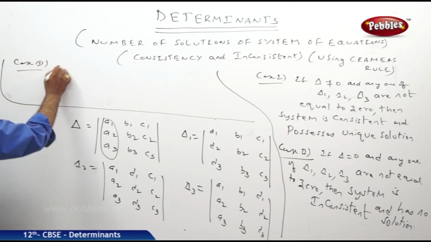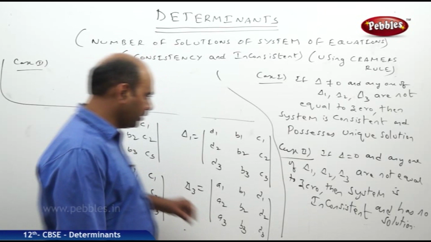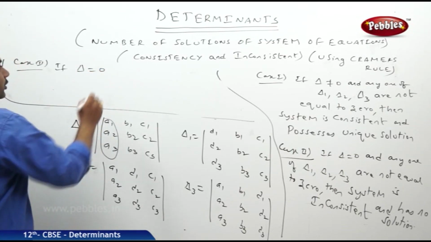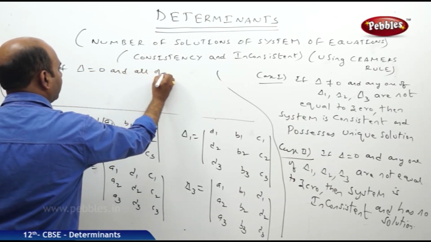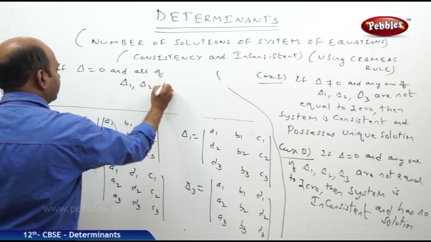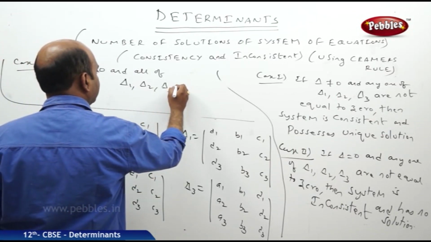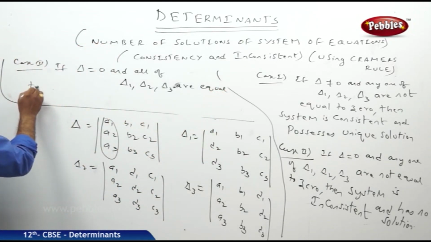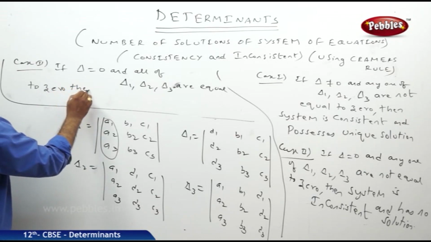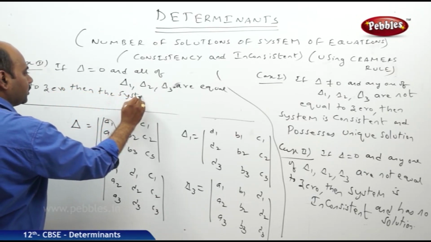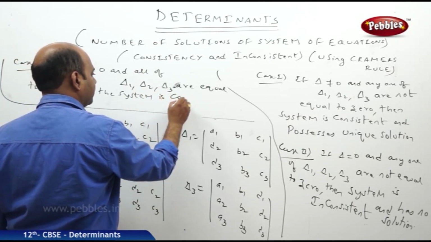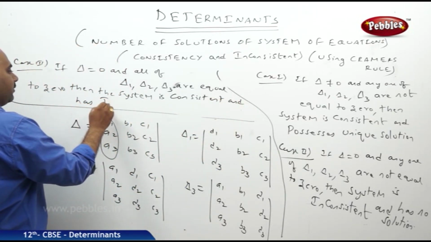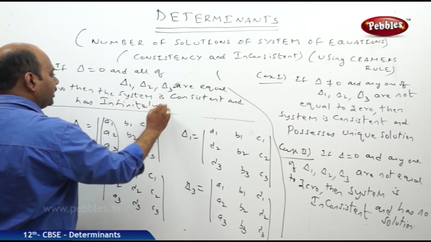Case 3 says: if delta equals 0 and all of delta 1, delta 2, delta 3 are equal to 0, then the system is consistent and has infinitely many solutions.